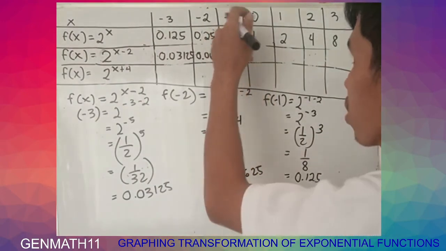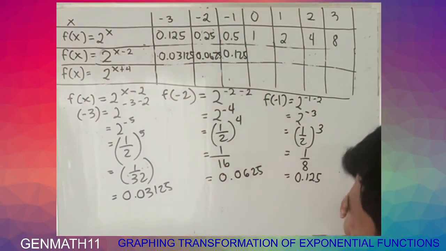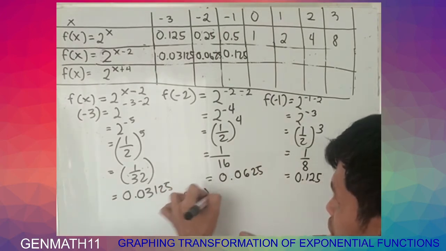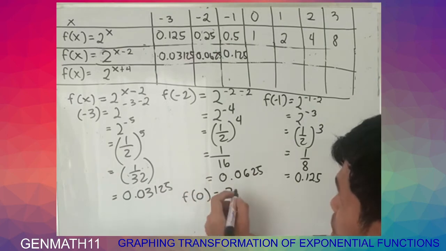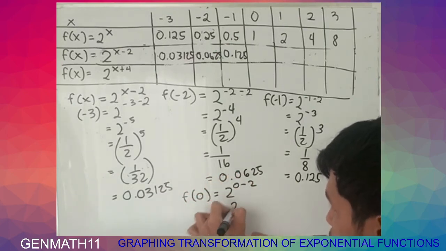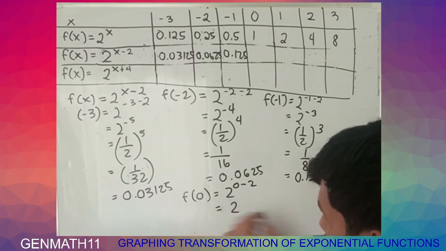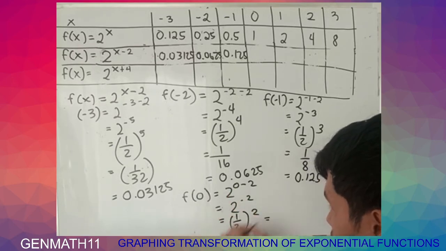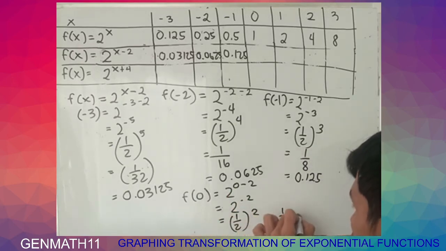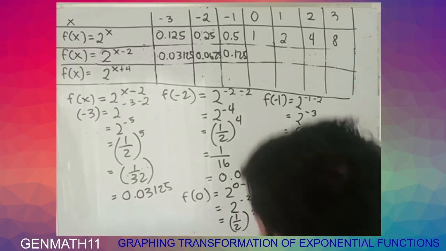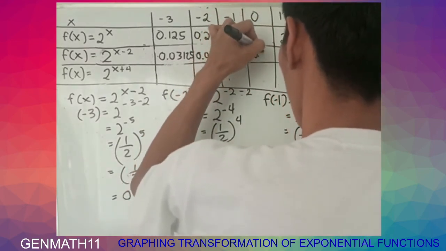Ang sunod dito ay, kapag ang value naman ay 0, so 2 raised to 0 minus 2 is negative 2. Then, magiging 1 half raised to 2, equals 1/4 or 0.25.